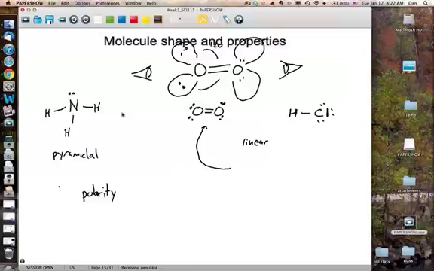A similar distribution of electrons throughout the molecule. So we could describe this as being a nonpolar molecule. It would not have a significant dipole moment.